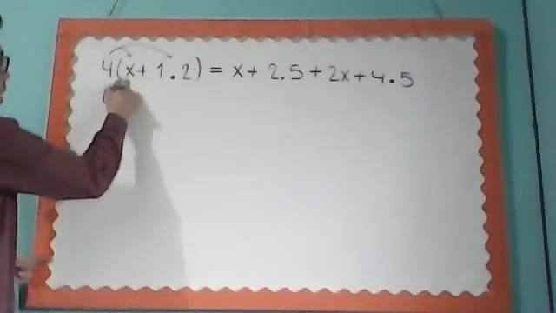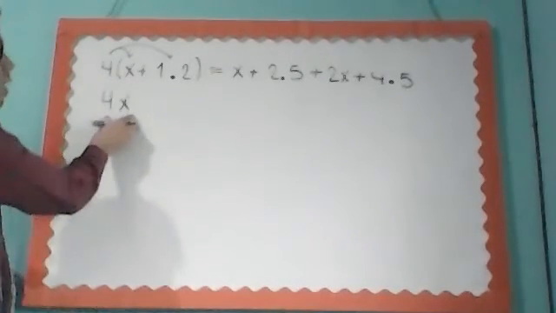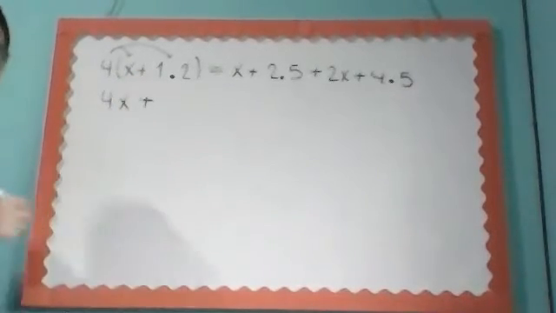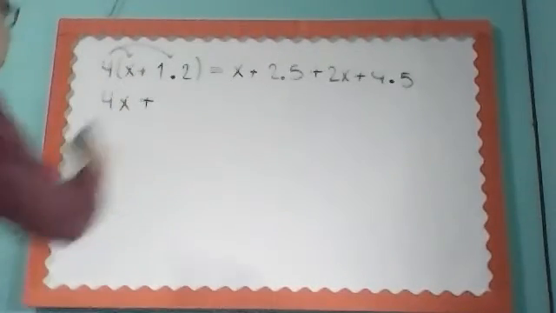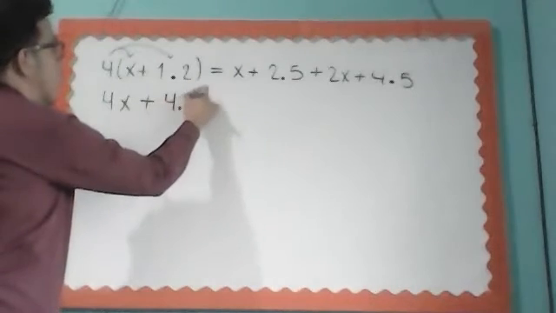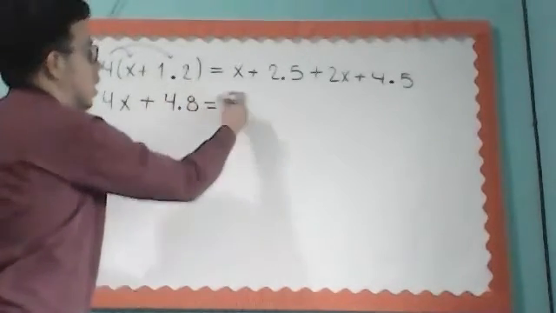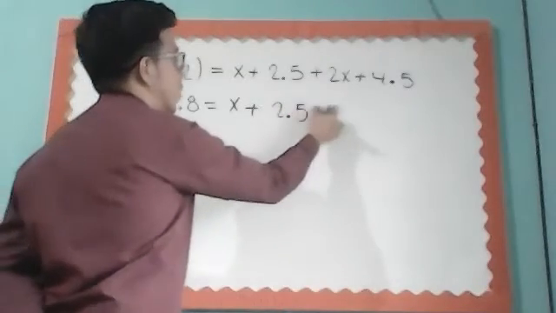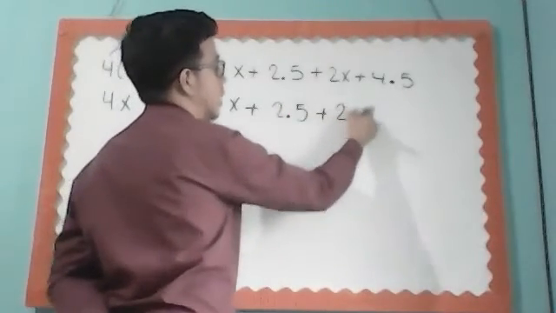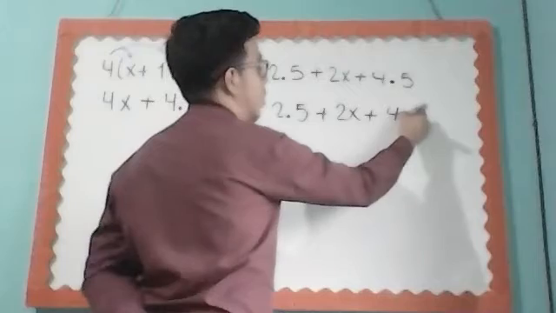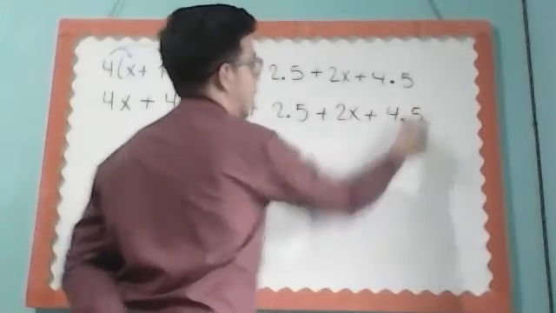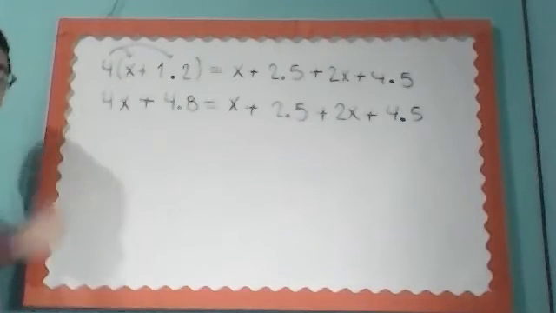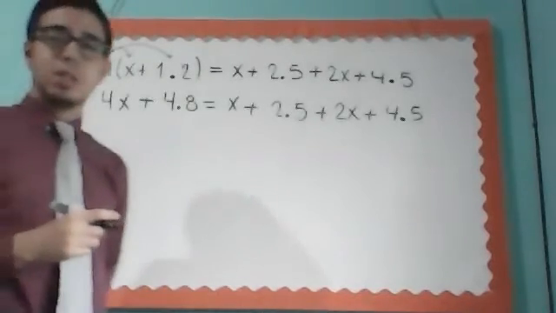Okay, 4 times x is 4x plus 4.8 equals x plus 2.5 plus 2x plus 4.5. I only copy the other part because I solved the 4 that is multiplying the parentheses.